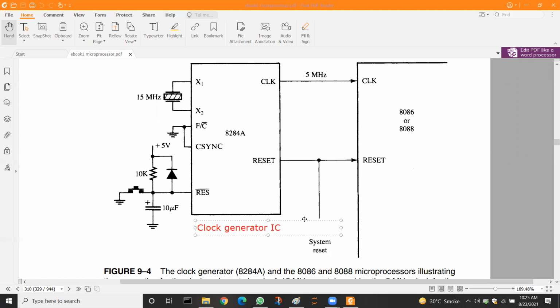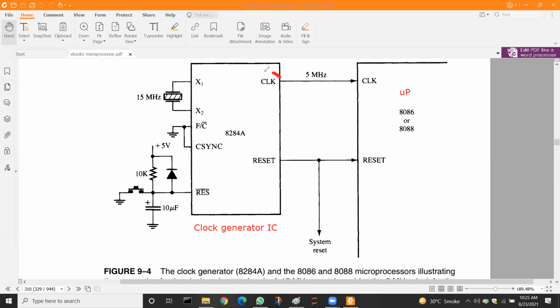Clock generator IC. And this is our microprocessor. As you can see, 8086 microprocessor. As you can see, there are two connections shown.